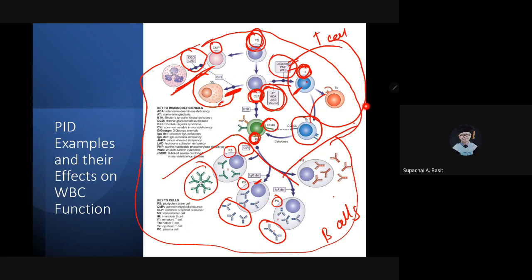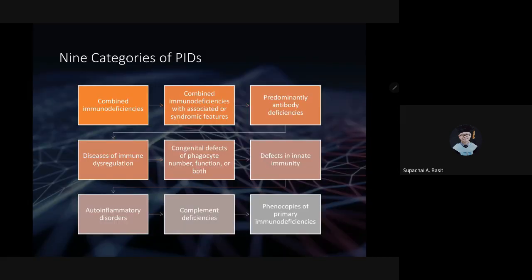Okay, so there you have it. These are the possible kinds of immunodeficiencies that you can possibly get if you have problems in maturation of any components of the cells of the immune system.